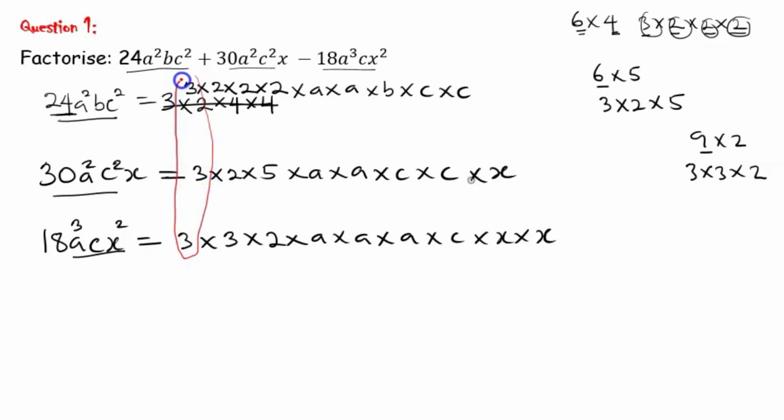I can see 2, I can see 2, I can see 2, so 2 is also common. What other thing can you see that is common? The 3 of them must have it. I can see a, I can see a, I can see a, so a is also common.